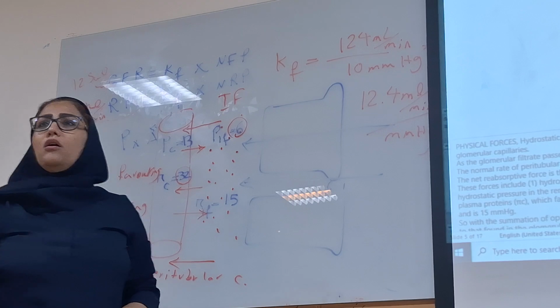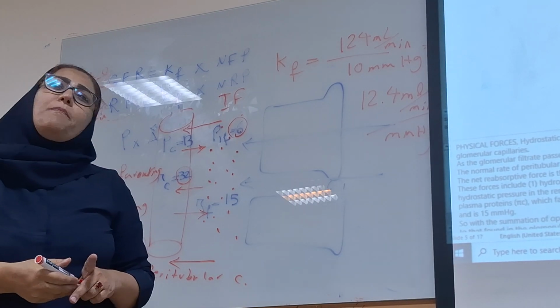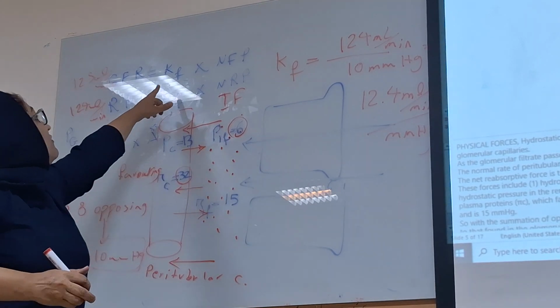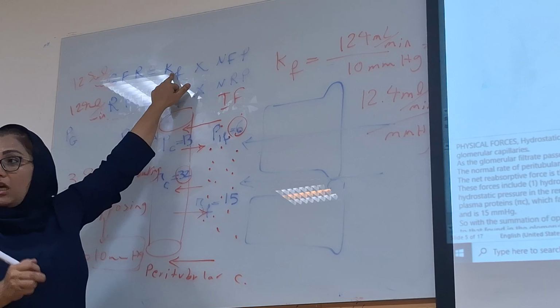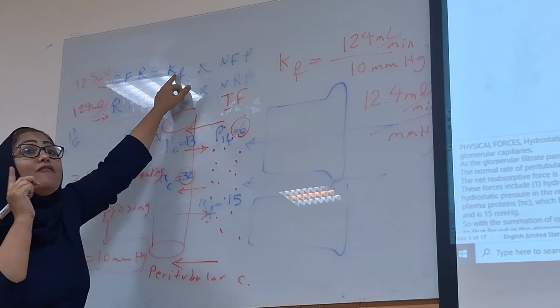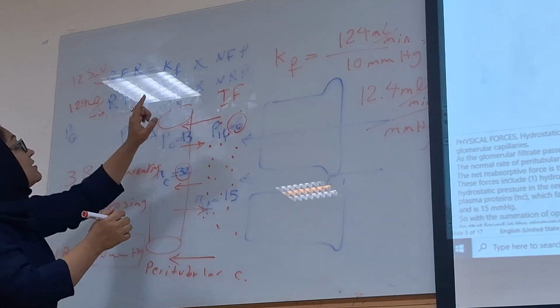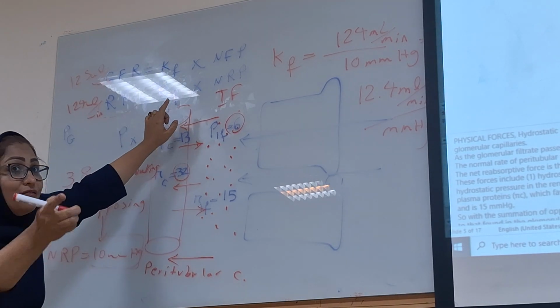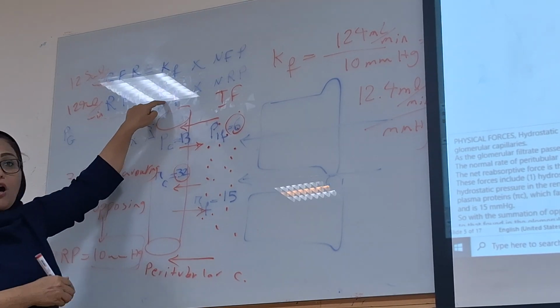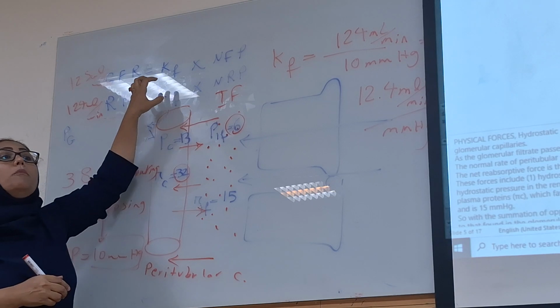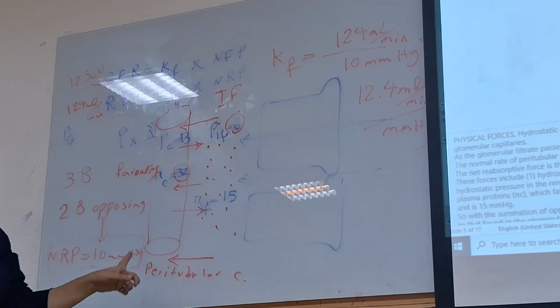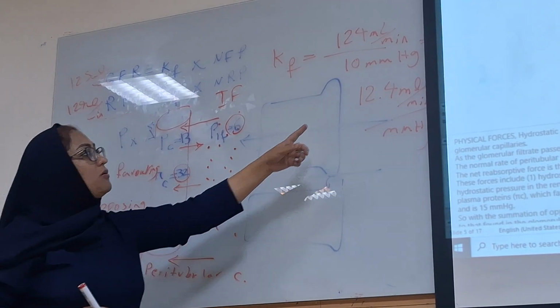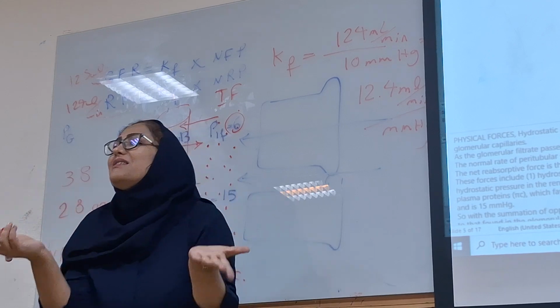How much was the KF in glomerular capillary? It was 12.5. It means the characteristics of glomerular capillary are different compared to properties of peritubular capillary, because KF is not the same.